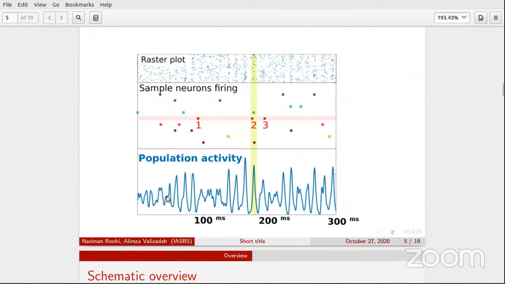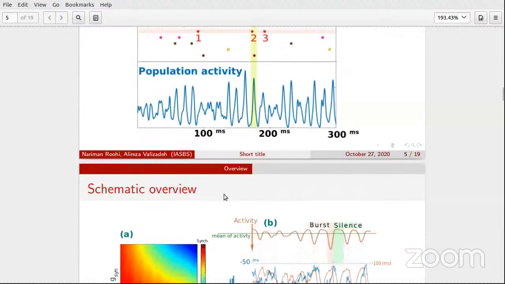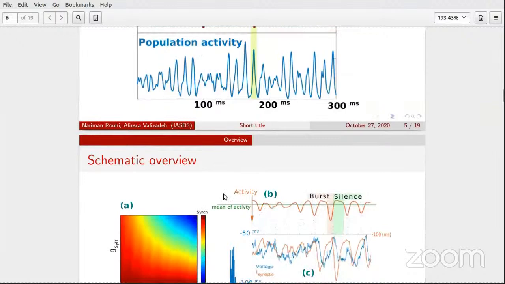And when we have a look at the population activity of the network, we can see that the amplitude of activity varies in time, but it seems it is not so stochastic, and I believe there is a temporal correlation, say that the network has a kind of memory of the past, and there is an interaction between bursts in time.